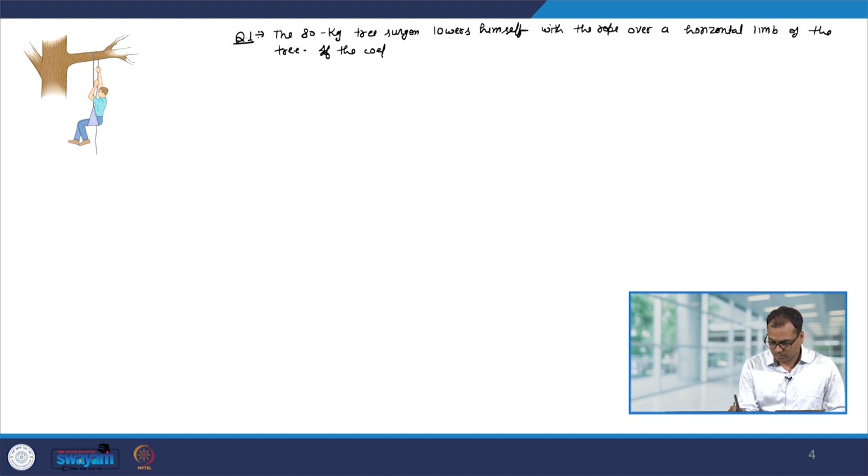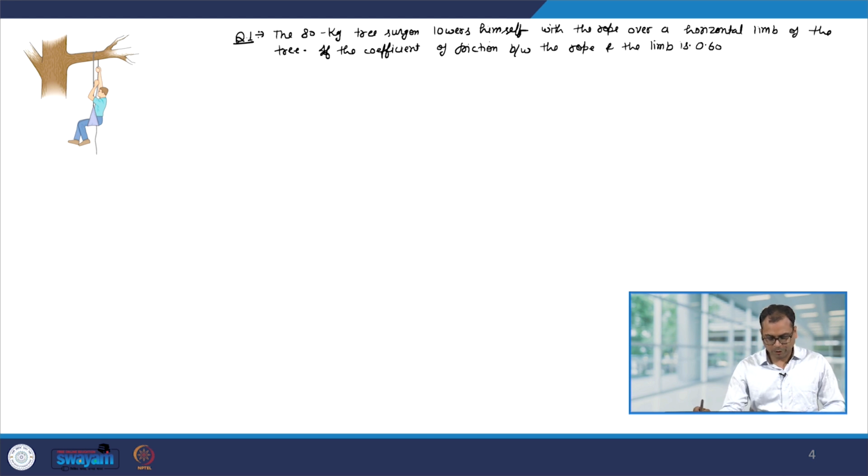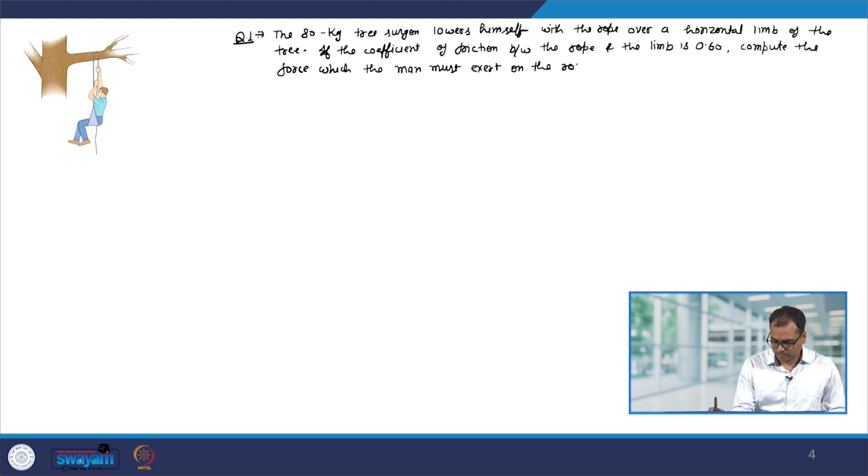If the coefficient of friction between the rope and the limb is 0.60, compute the force which the man must exert on the rope to let himself down slowly.